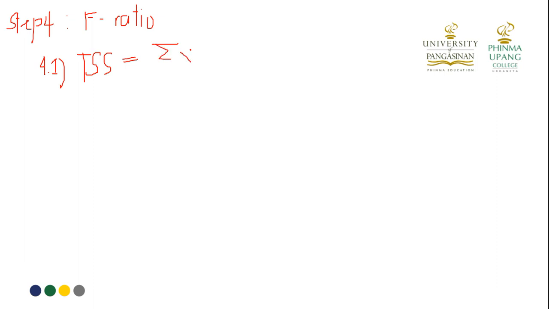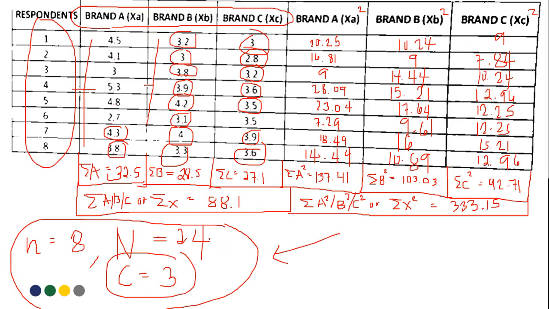Okay, so step 4. Step 4 na yung F ratio. Yung 4.1 natin, this is step 4.1. We're going to find the value of TSS, which is equivalent to the summation of your x squared minus the summation of quantity x squared all over big letter N. Kanina, yung big letter N natin dyan is 24.